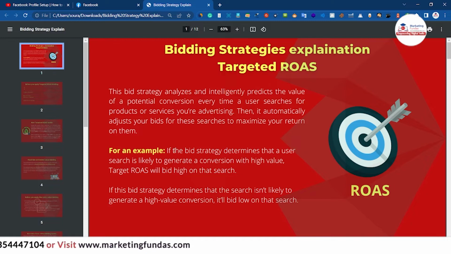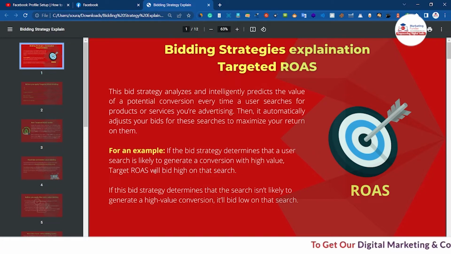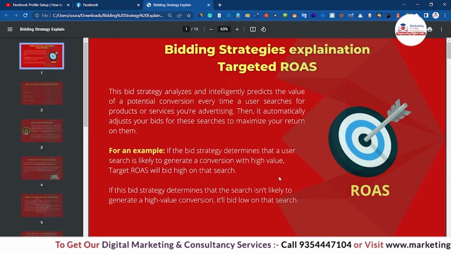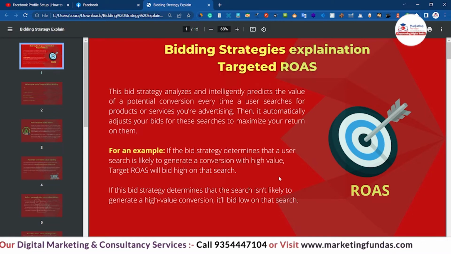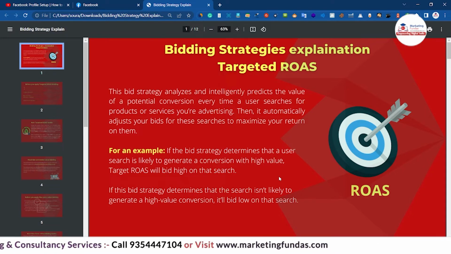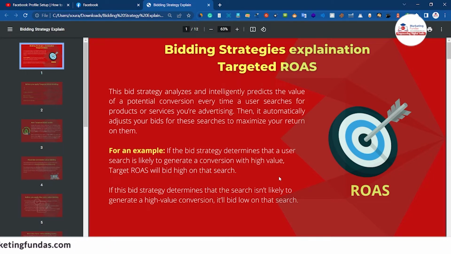For example, if the bidding strategy determines that the user search is likely to generate a conversion with high value, then targeted ROAS will bid high on that search. It means when Google's AI system feels that this kind of search can convert and provide good value, the targeted ROAS bid will be high on that particular search.